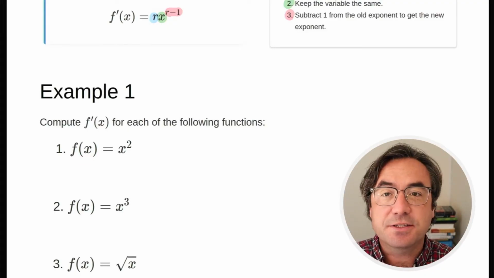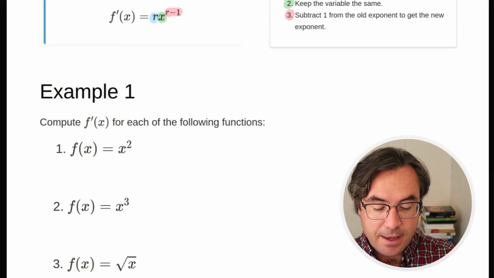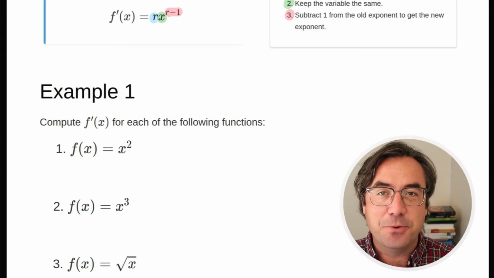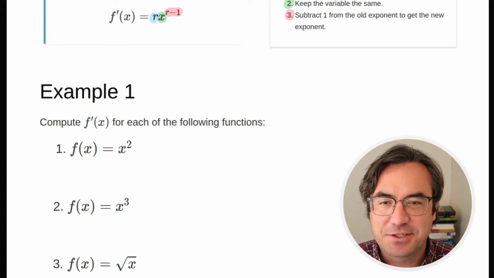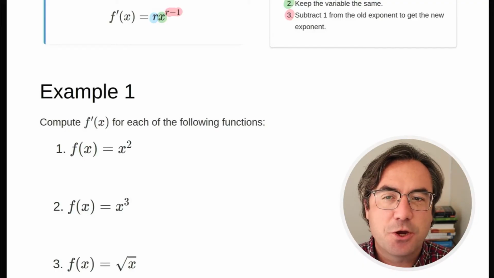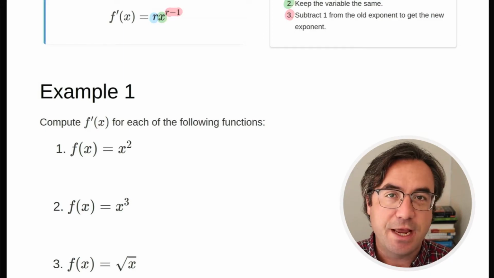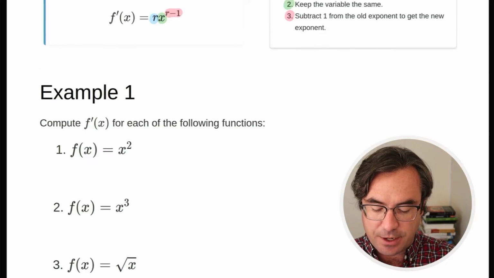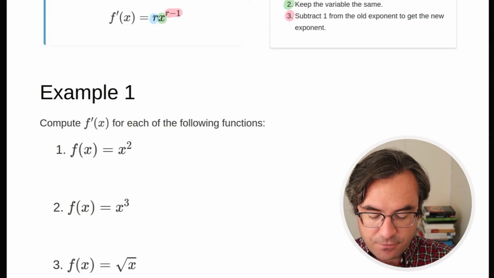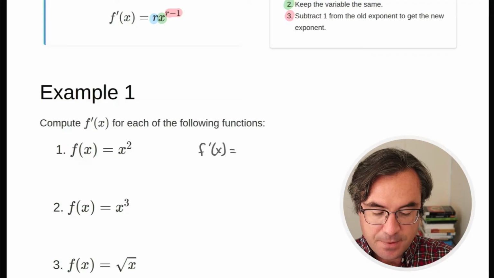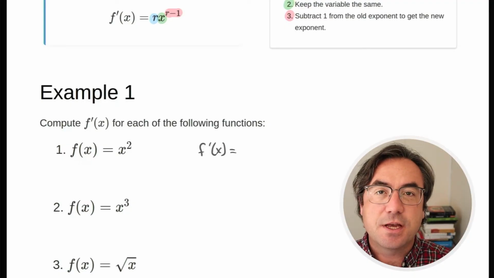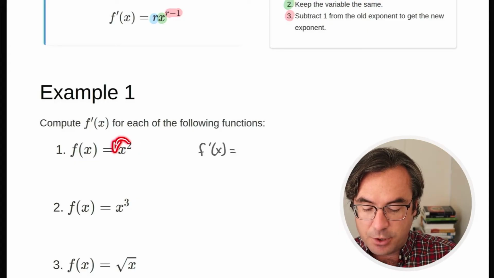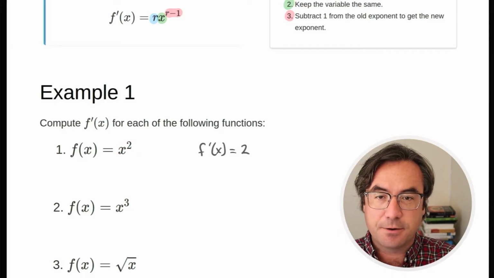So our function is f of x equal to x squared, and I'm going to probably show more work for these first few that we do, just until we get the hang of this. Once you can do these, you're probably going to go right from the function right to the answer. But let's look at the first one here, f of x equal to x squared. And our derivative, we're going to call it f prime of x. The way this power rule works is we're going to take our exponent 2, bring it down, put it in front of the x. So we're going to have 2 there.